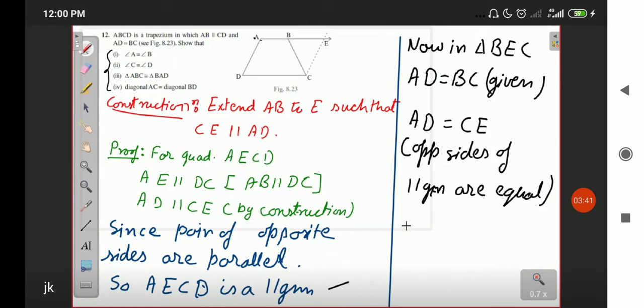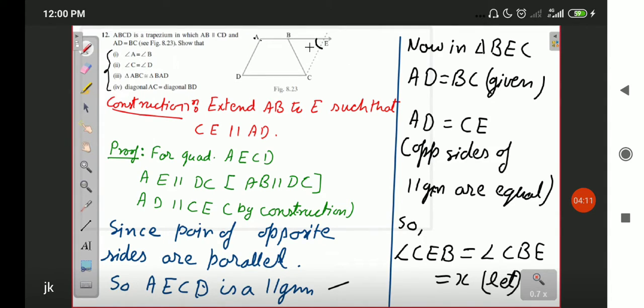So, this becomes an isosceles triangle, and angles opposite to equal sides of an isosceles triangle are also equal. Angle CEB will be equal to angle CBE, and I will say both of these angles are equal to x.